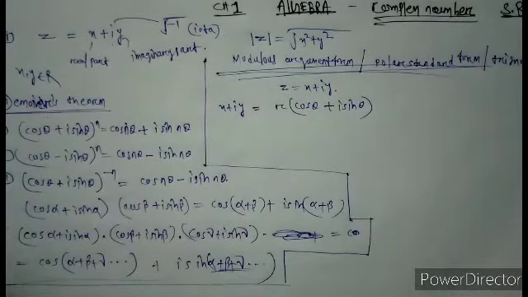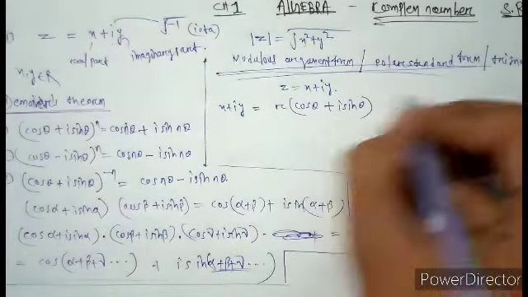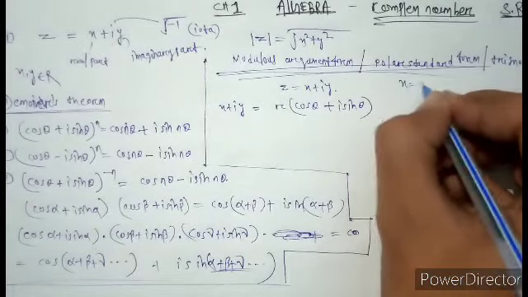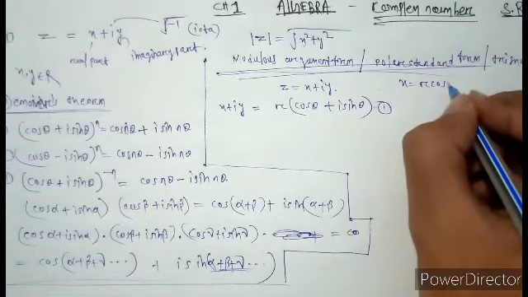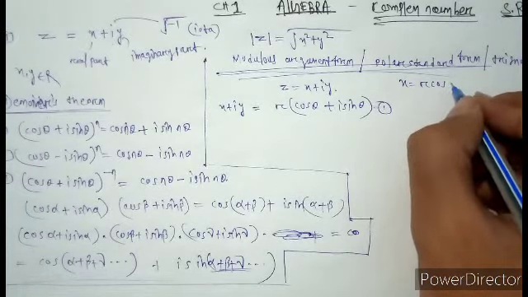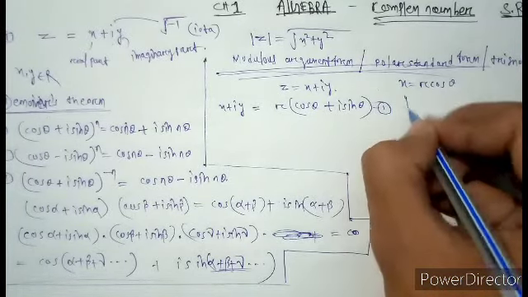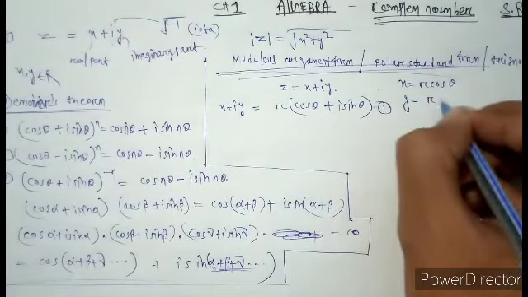Then equating the real part and imaginary part, x is equal to r cos theta, and the imaginary part, y is equal to r sin theta.